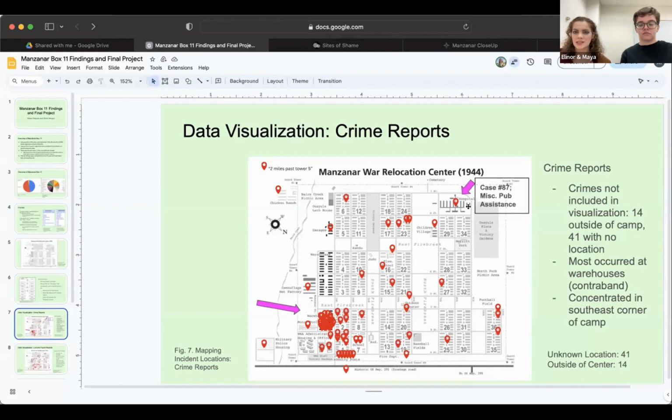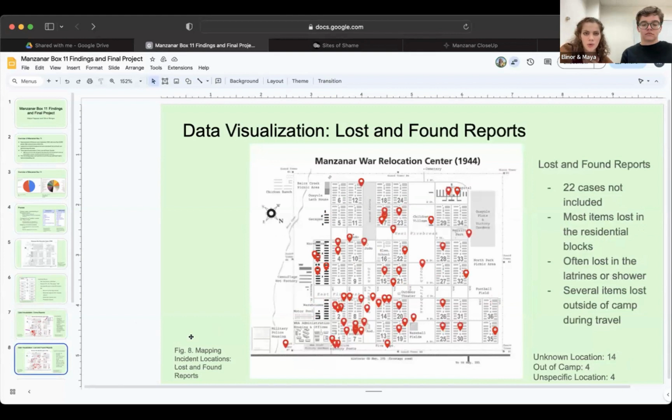We see in some of the cases requests being filed to have these returned to the kitchen so that they can use the knives. So these cards are altering the vocabulary that we see, the type of cards being used. The next type of card was the lost and found reports.